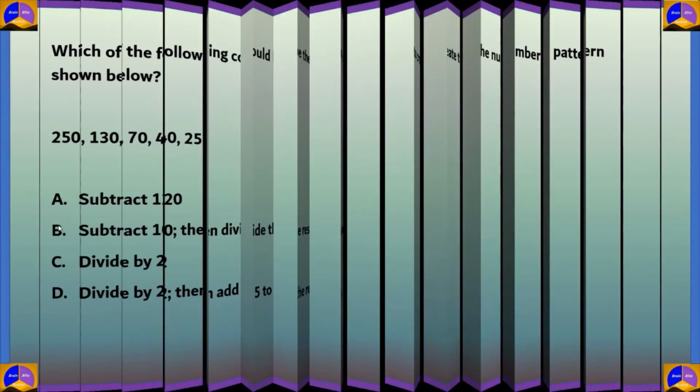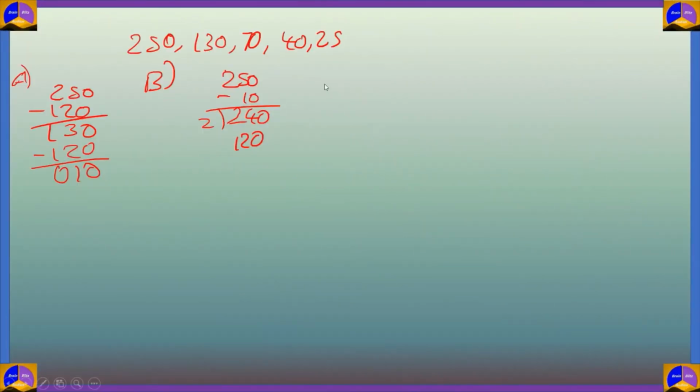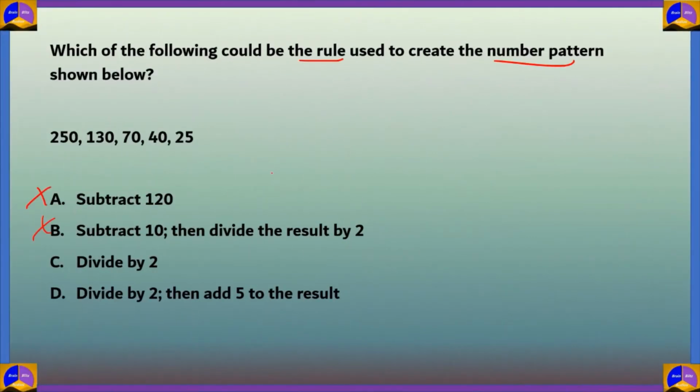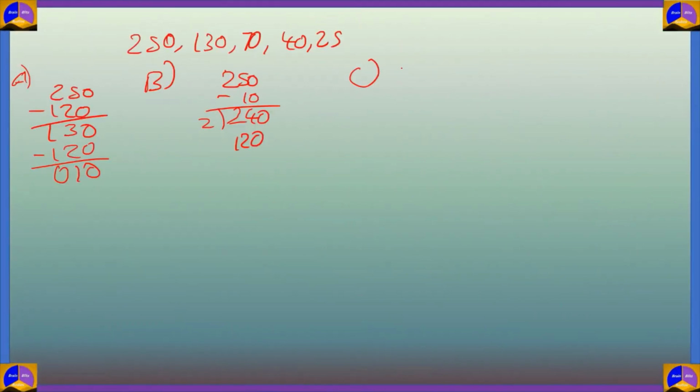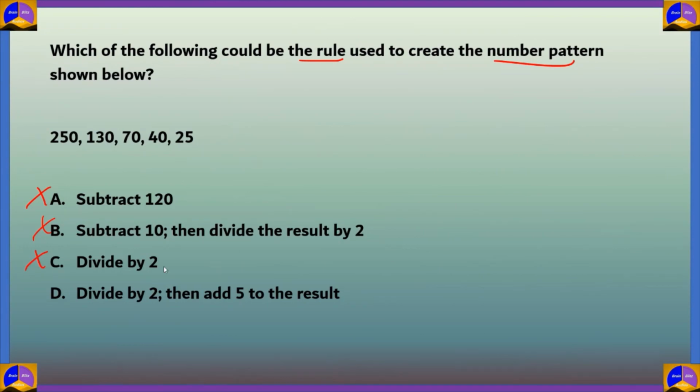So option B is incorrect. Now let's look at option C. Divide by 2. Now if we divide 250 by 2, we get 125, which is not equal to 130. So option C is also incorrect.